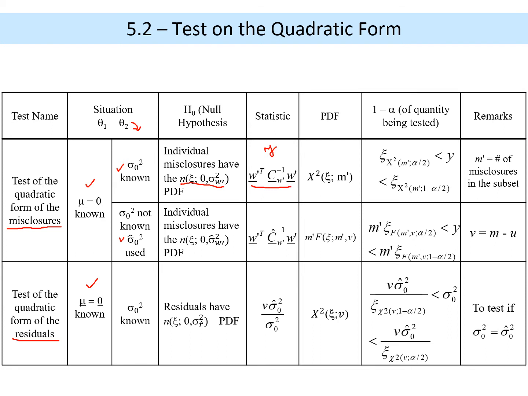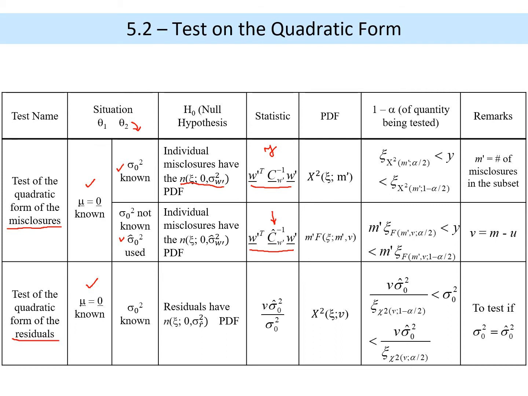Okay, W prime transpose multiplying by the weight matrix, presented here as the covariance matrix of the misclosures inverse, multiplying the vector W prime. If we are in the case that we don't know the a-priori variance factor, we are using the scaled covariance matrix of the misclosures.